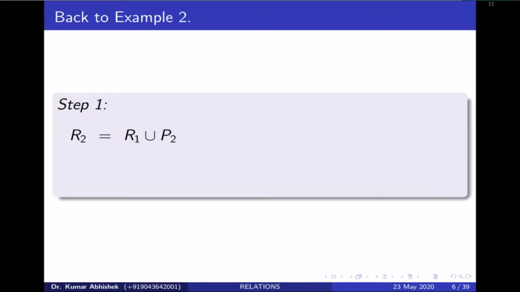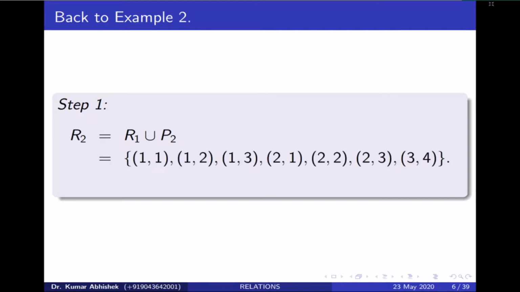We have seen that the relation R1 arising out of the relation R was a non-transitive relation. So we go back to step 1 of our iteration, and we define R2 as R1 union P2. So this is what we will be getting as a relation R2.